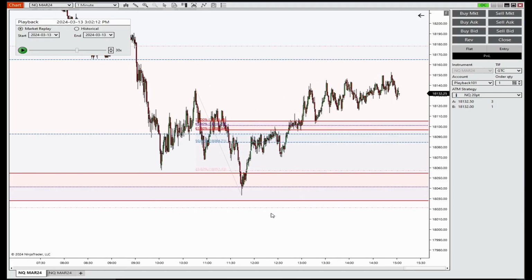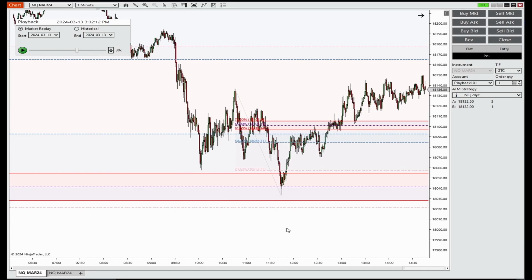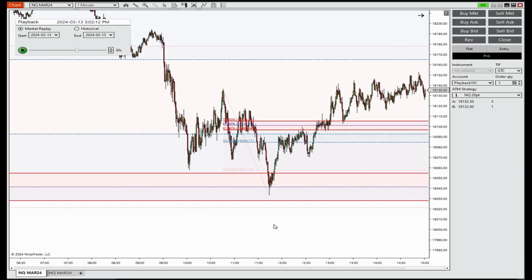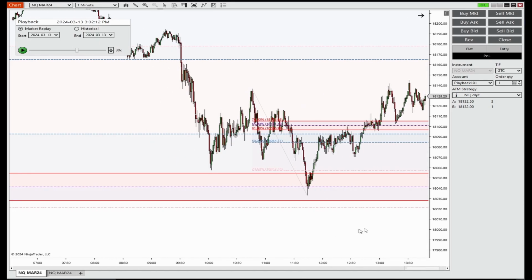Not showing. But I think we took a couple of 10 pointers in here. We grabbed 20 in there. This one was to the 23.6. That was what, 40? Probably 150, well, probably like 100. And then we took 100 points in here, scaling out.